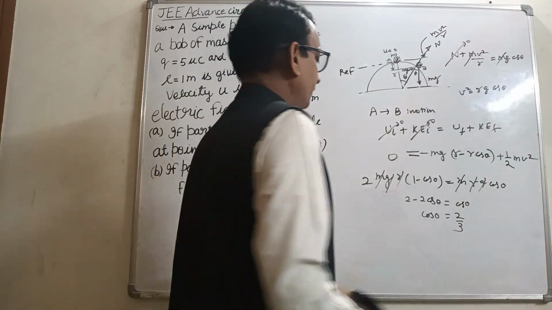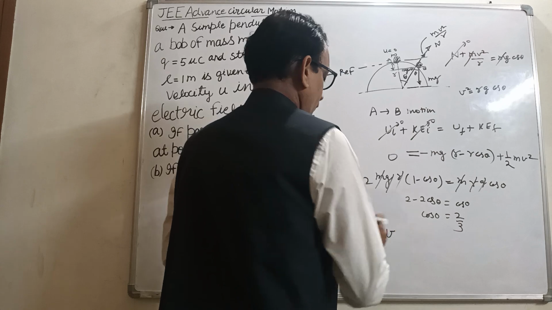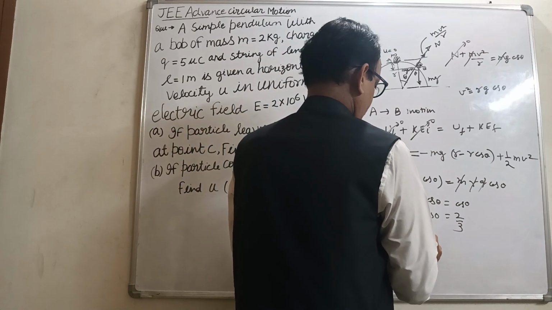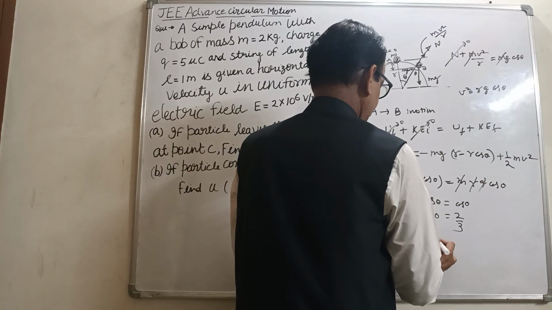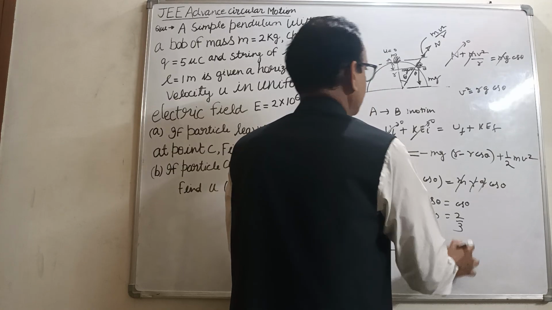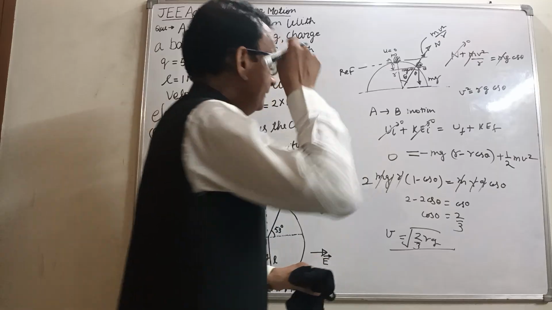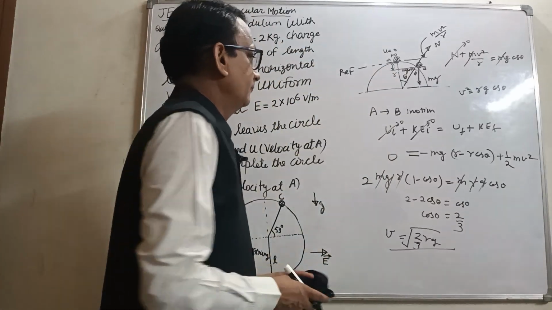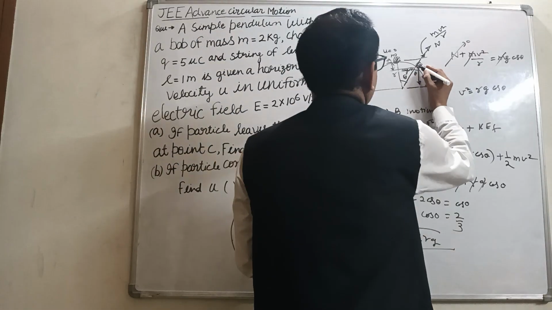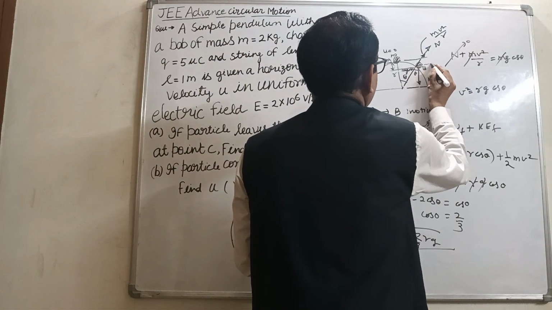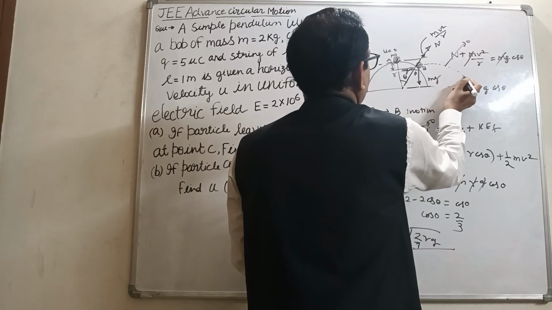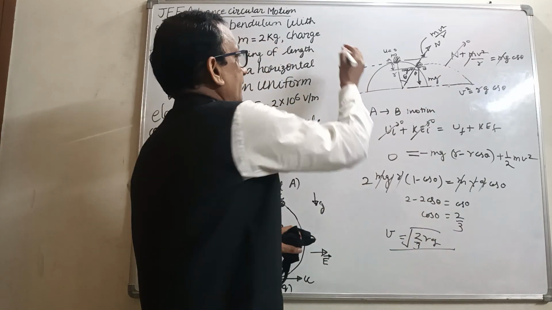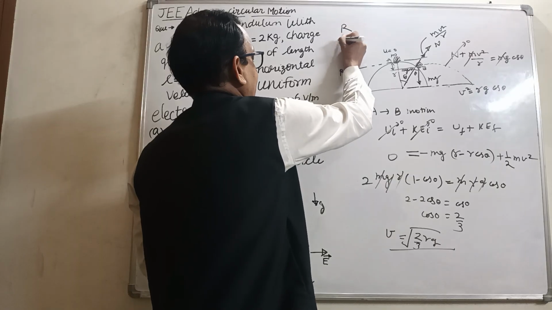So placing the value of cos theta, this becomes under root 2 by 3 rg. This is the velocity of the object when it is discharged with the ball, and the motion here would be projectile type motion. We have to find the range or time period.